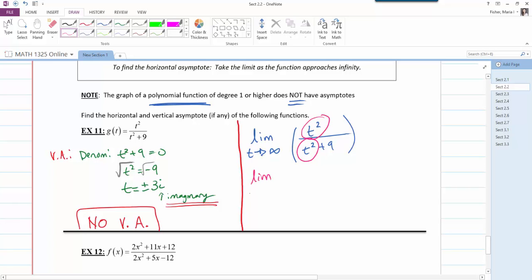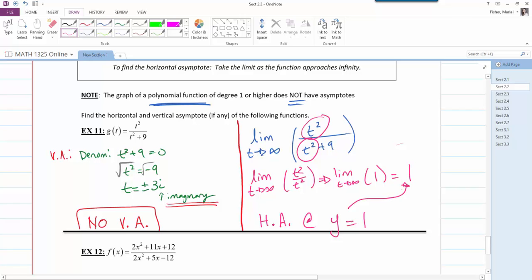So this is equivalent to looking at the limit as t approaches infinity of t squared over t squared. Well, that reduces to just 1. So we're looking at the limit as t goes to infinity of 1. Well, what's the limit of a constant? The limit of the constant is the constant. Therefore, we're going to have a horizontal asymptote at the line y equals 1. Where did 1 come from? That's the limit as we went to infinity.